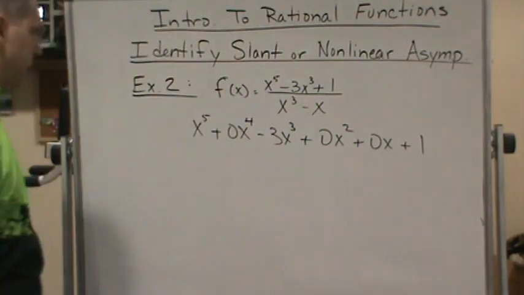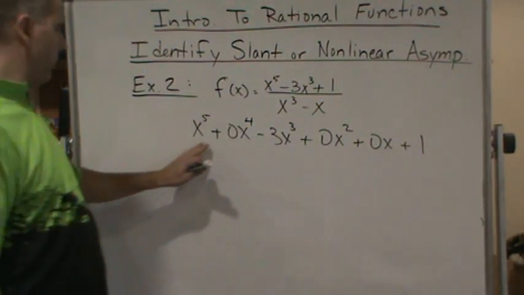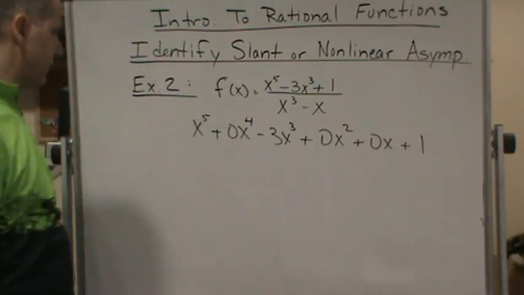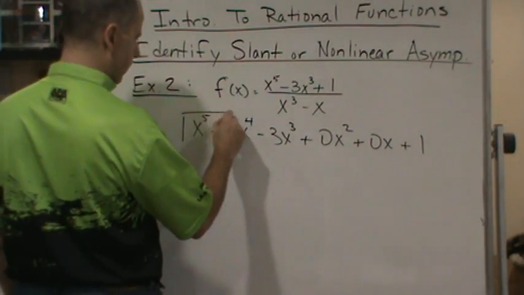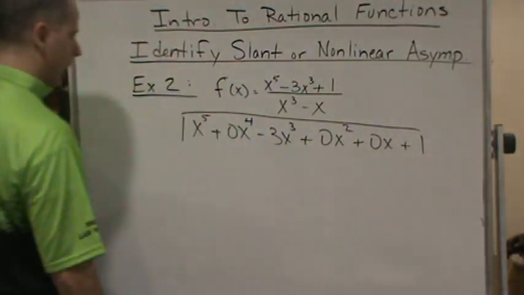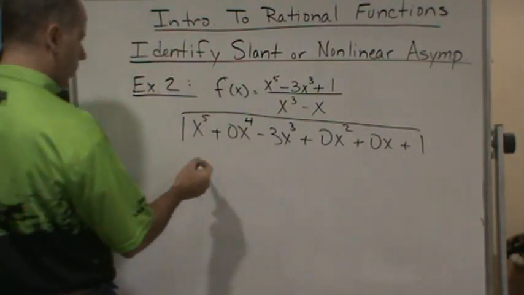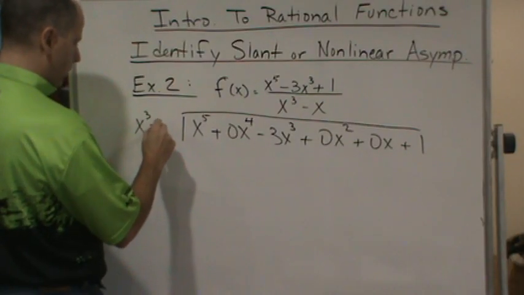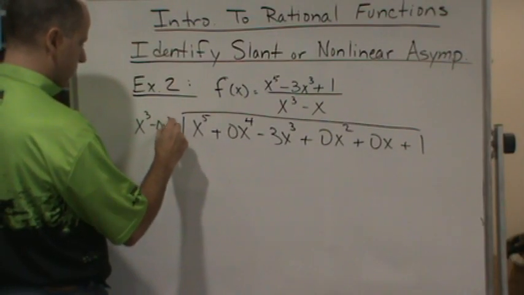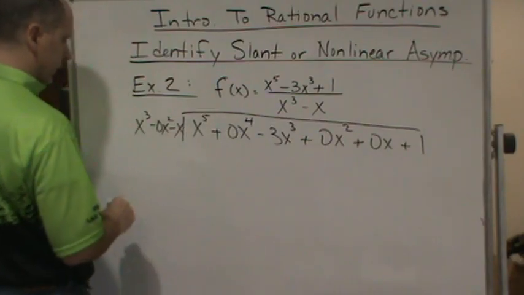So we have to have our placeholders. So we have everything in decreasing degree, right? Now we're going to divide by x cubed minus 0x squared minus x.